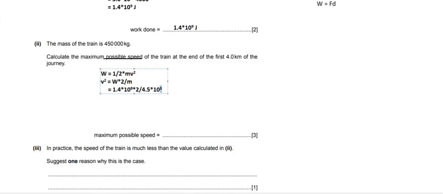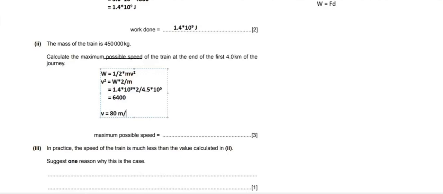So if you calculate this entire value, it will be coming close to around 6400. So that value is nothing but v square. If you take the square root of both sides, v square will be v, and 6400 will be 80. So 80 meter by second.